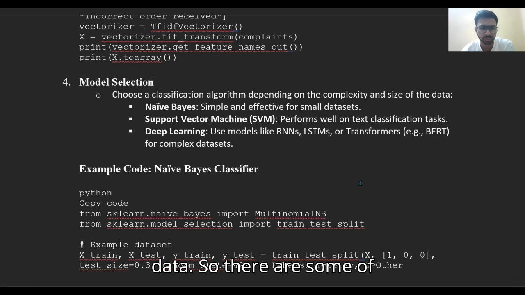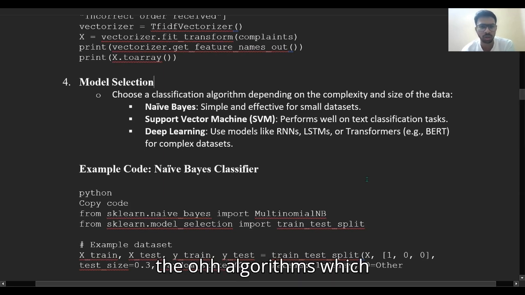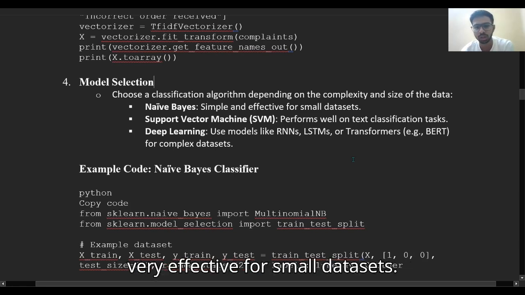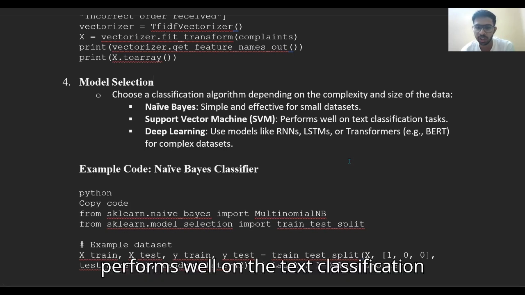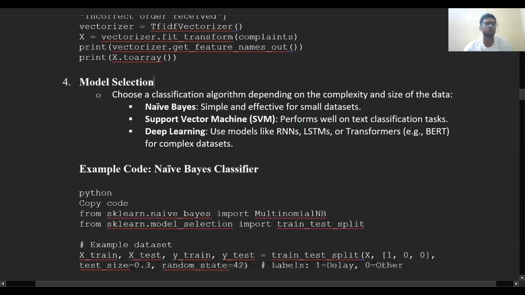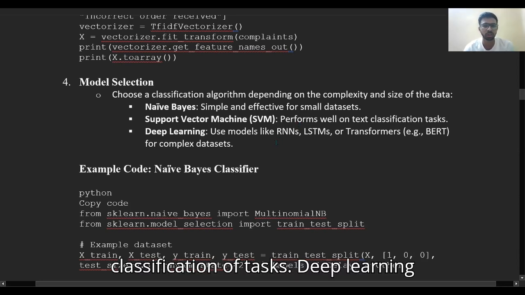There are some algorithms: Naive Bayes, simple and effective for small datasets. It is very effective for small datasets. Support vector machine (SVM) performs well on text classification tasks. It performs very well on the classification of text.